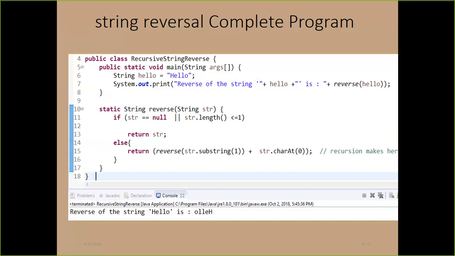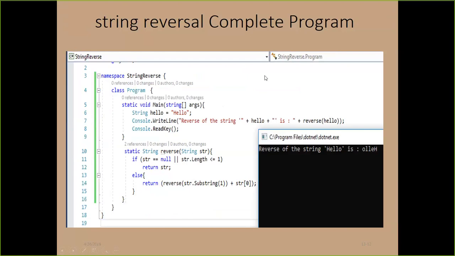So in C# we use a string as an array, a character array. This is the last program. Okay, so this is the corresponding string reverse method in C#.